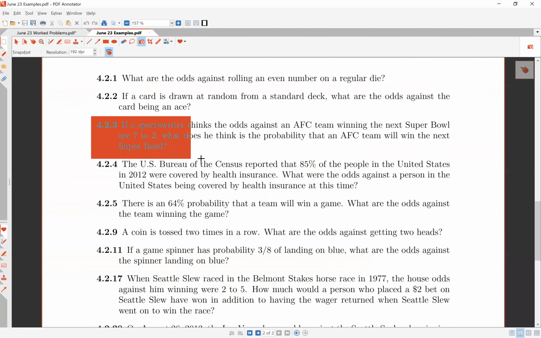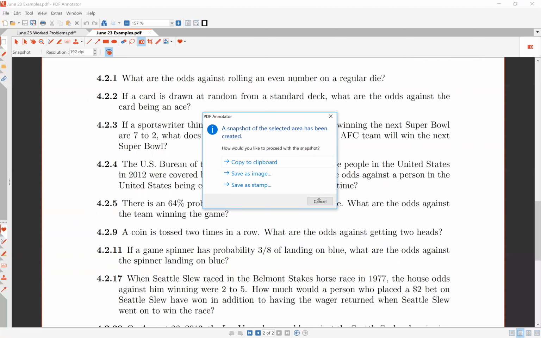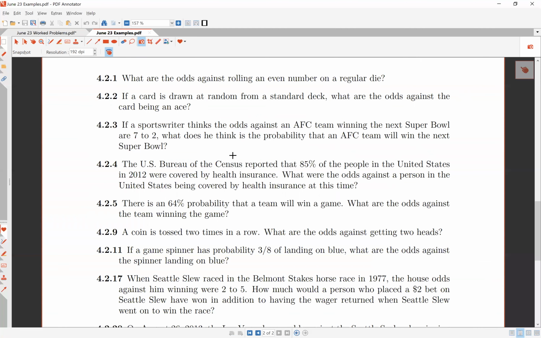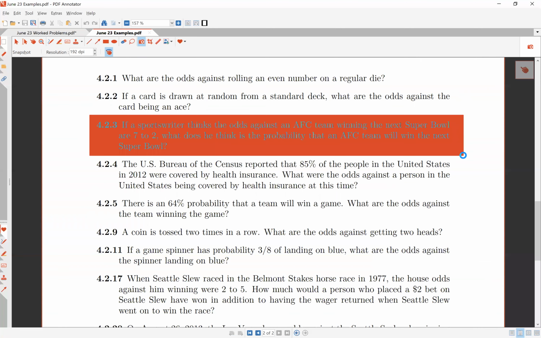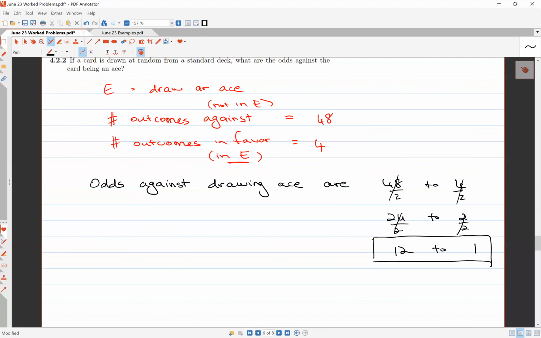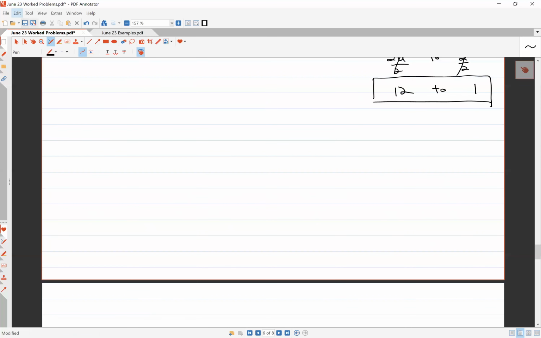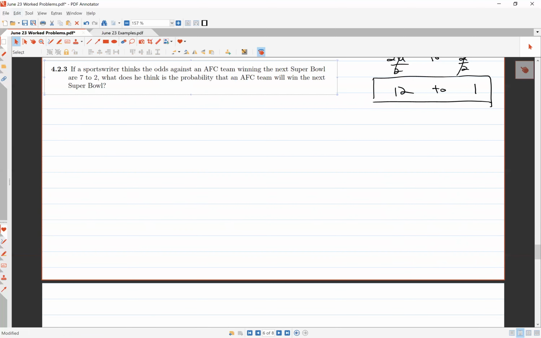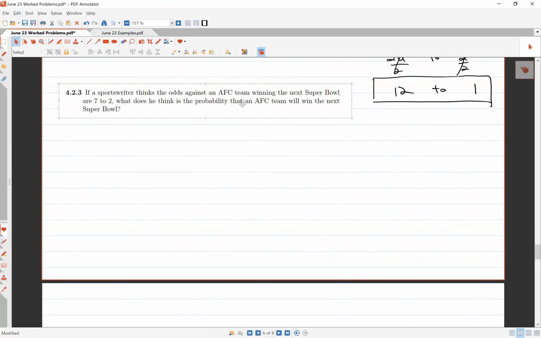Let's look at the next example here. A sports writer thinks that a specific team has the odds against AFC winning of 7 to 2.